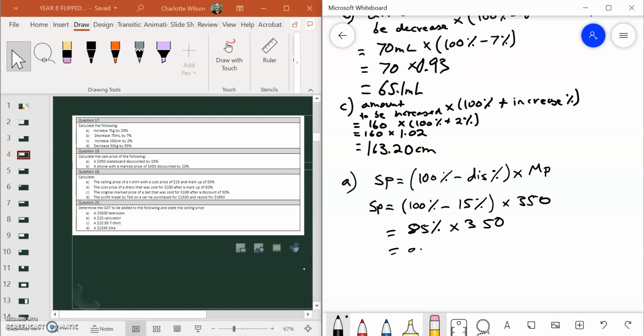We change that to a decimal, so 0.85 times 350. So 85% of 350 is 297.50. So the skateboard would cost $297.50 if it was discounted by 15%.